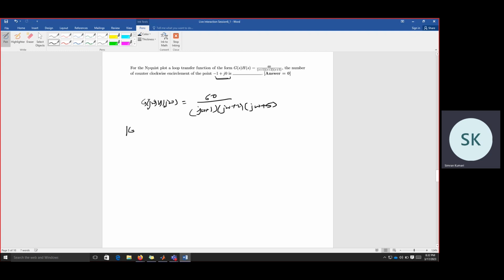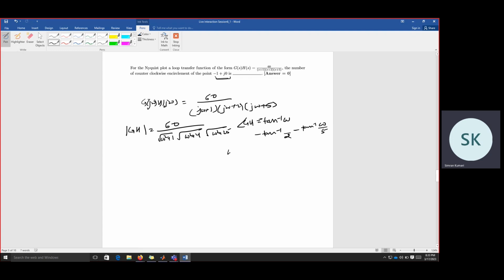Then the magnitude of GH will be 60 by root under (omega square plus 1)(omega square plus 4)(omega square plus 25), and the angle of GH will be minus tan inverse omega minus tan inverse omega by 2 minus tan inverse omega by 5, because we have poles.